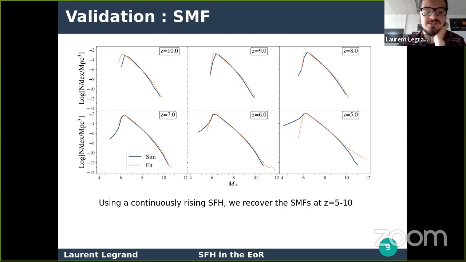So using this continuously rising star formation history, we see that we can recover the stellar mass functions here, so the number density of galaxies of a specific mass. For a redshift from 10 to 5, we recovered this stellar mass function quite well.